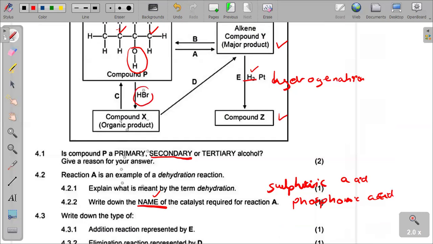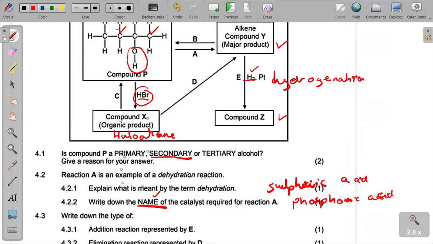Apparently that's a substitution reaction, to form compound X. So compound X is a haloalkane. We traced it from that alcohol. The reaction in which alcohols react with hydrogen bromide forms a haloalkane. That's where we came to know that this is a haloalkane that we are dealing with here.